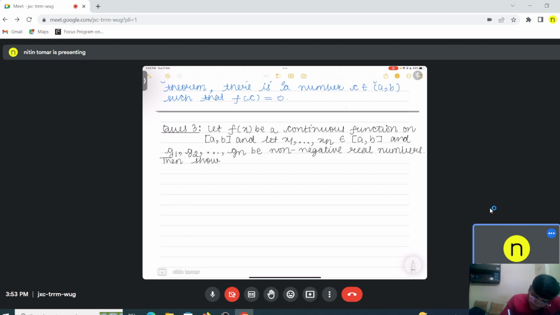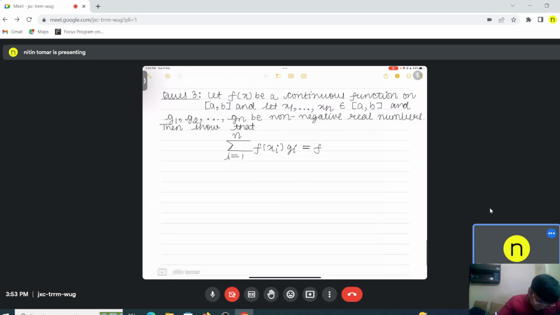Then we have to show that the sum, i going from 1 to n, of f(x_i) g_i equals f(xi) times the sum of the g_i, for some xi in (a, b). So is the question clear to each one of you?